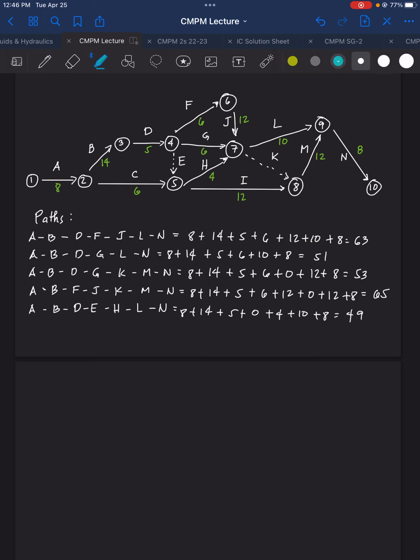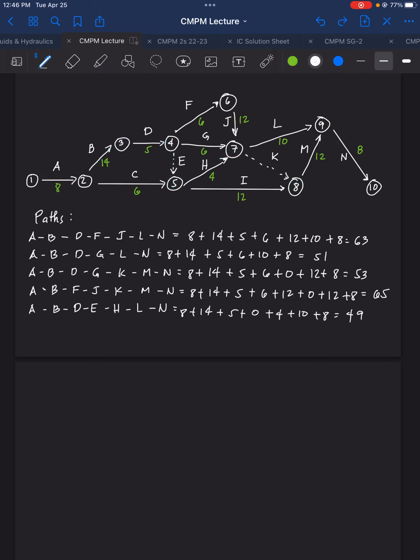Next path, we have A, B, D, E, H, K, M, N. Okay, so that's another path.